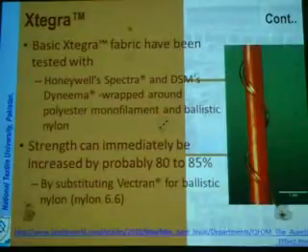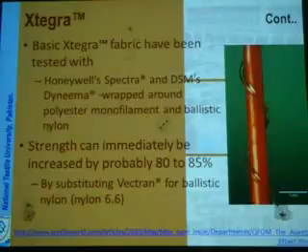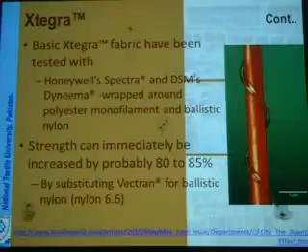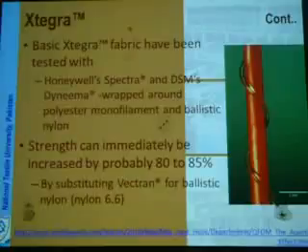Basic Zetix fabrics have been tested with Honeywell's Spectra and DSM's Dyneema, wrapped around polyester monofilament and ballistic nylon. Strength of these materials can immediately be increased by probably 80 to 85% by substituting Vectran for ballistic nylon, which is actually nylon thickness.